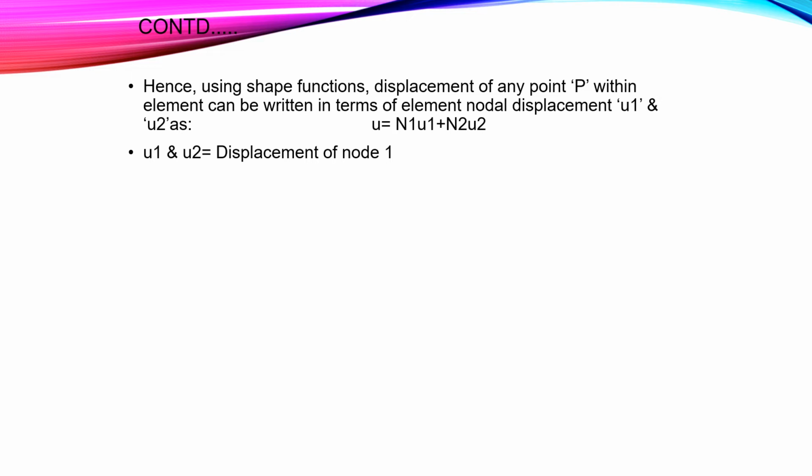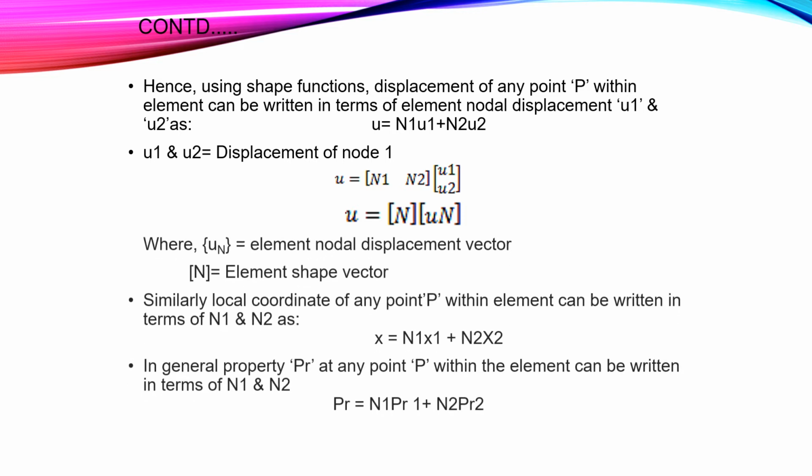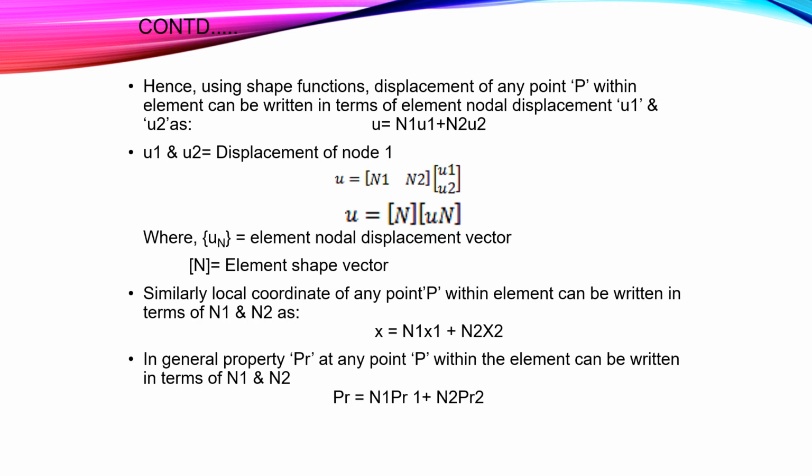Total displacement at point P is equal to N1 into u1 plus N2 into u2, while u1 and u2 are the displacements of node 1 and 2 respectively. So in matrix form, we can write u is equal to matrix N1 and N2 multiplied by matrix u1 and u2. Here the u matrix is the elemental nodal displacement vector and capital N is the element shape vector.